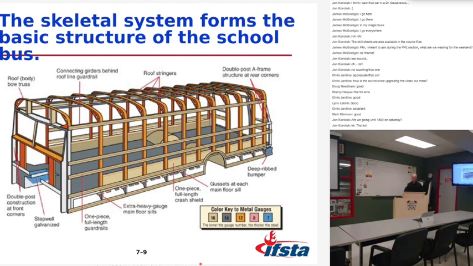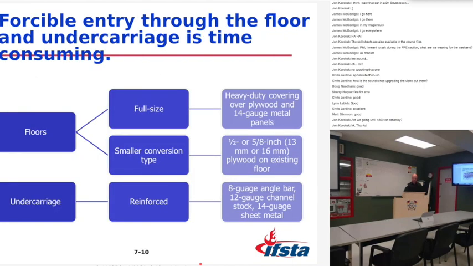Undercarriage reinforced with 8-gauge angle bar, 12-gauge channel stock, and 14-gauge sheet metal. Forcible entry difficult and time-consuming. So don't go through the floor. If you do, go strong.